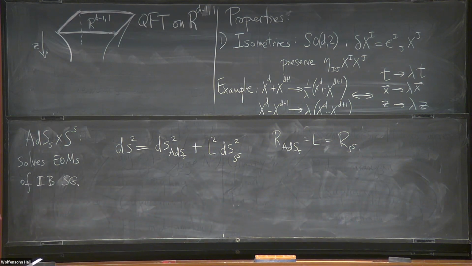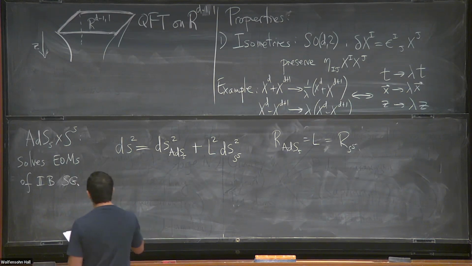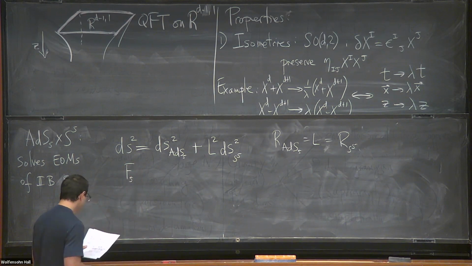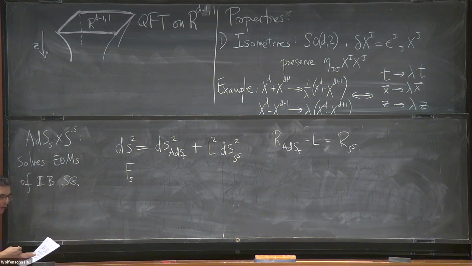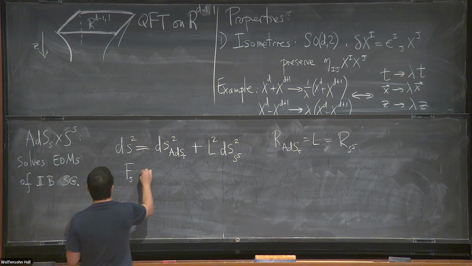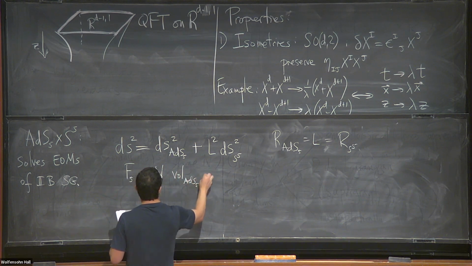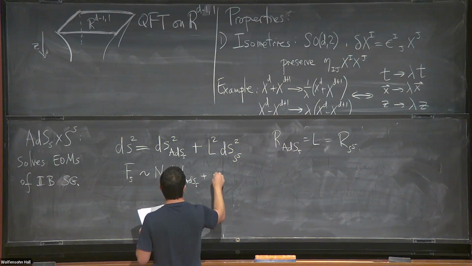And then there are other fields. As I mentioned, there are other fields in 10 dimensions, and one has to say what those fields are too in order to have a solution. We actually have to solve some equations. I'm not going to solve the equations, but I'm going to say just one thing: in 10 dimensions, there's also a 5-form field strength, the field strength of a gauge field, and this is proportional to some N times the volume form on AdS5 plus the volume form on S5.